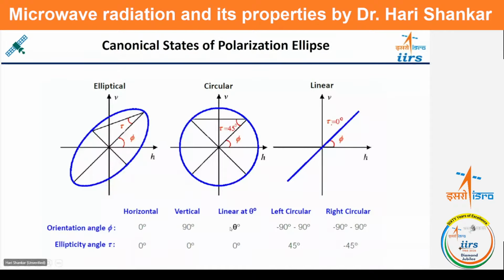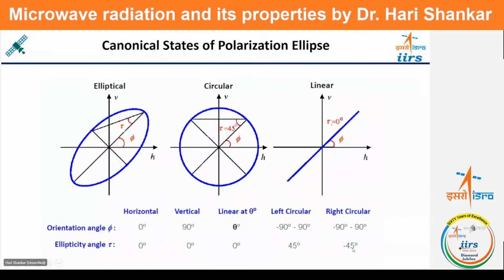If phi is any angle, not 0, that may be 10, 20, 30 degrees, something like that, but the ellipticity angle is 0, then it is called the linear, or inclined polarization, or linear polarization at angle theta. And if phi is varying from minus 90 degrees to plus 90 degrees and tau is 45 degrees, then it is called the left circular polarization.